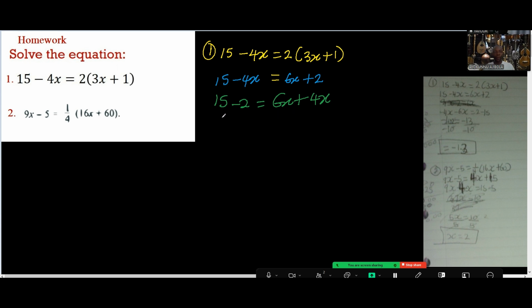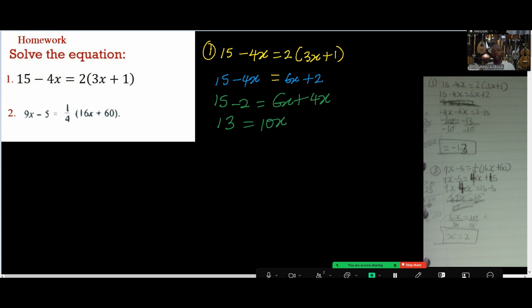15 minus 2 gives us 13, not negative. I wonder where you got negative from. So 6 plus 4 is 10, so that's 10x.